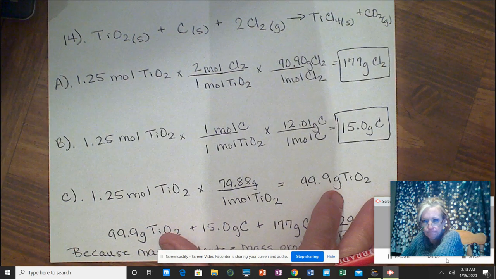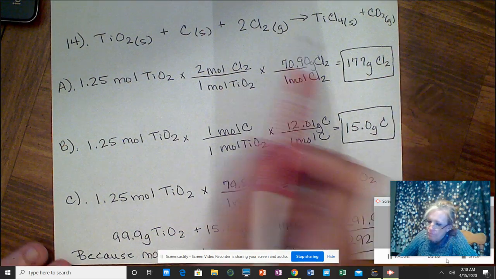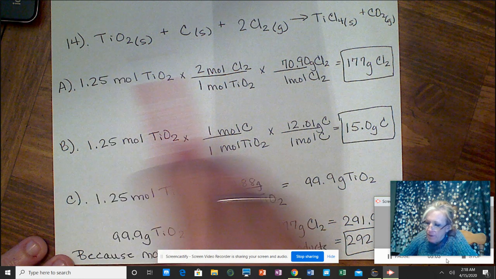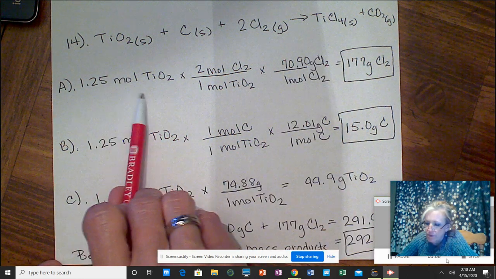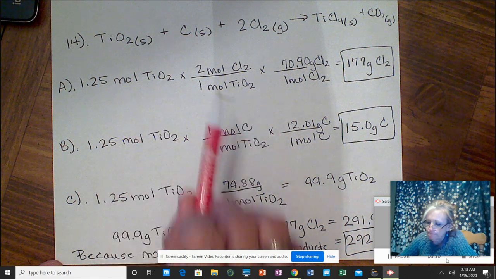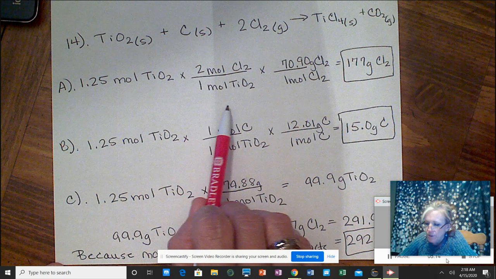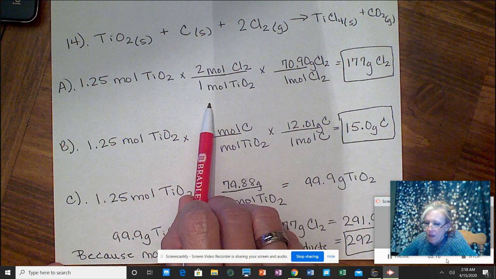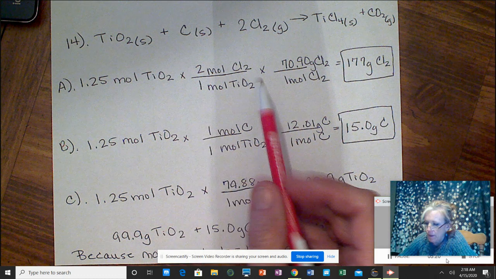Write your balanced equation. We start off with 1.25 moles of TiO2, titanium oxide. Okay. Write your mole to mole ratio. These numbers come from the coefficients in our balanced equation. Okay.